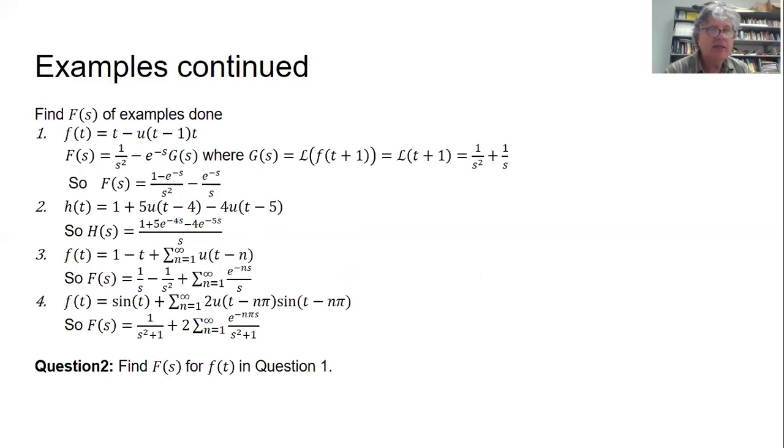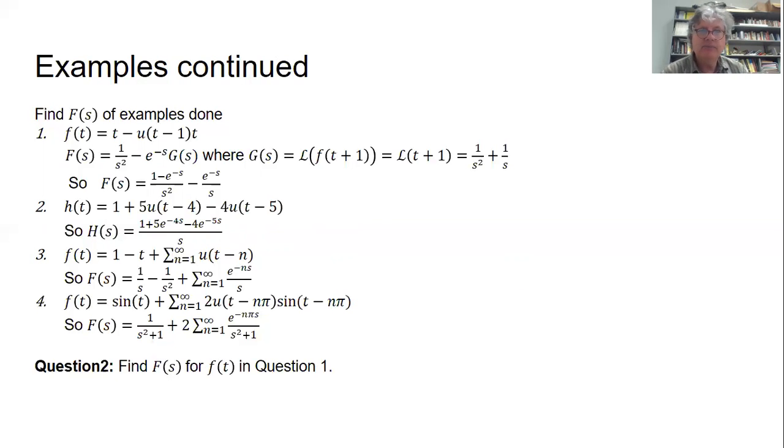So we had t minus u of t minus 1 times t. Okay, so the Laplace transform of t is 1 over s squared, well, since we've got a step function, we're going to multiply by e to the minus s times G of s, where capital G of s is the Laplace transform of f evaluated at t plus 1.